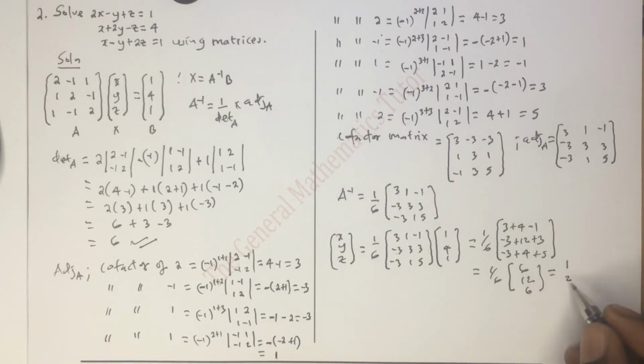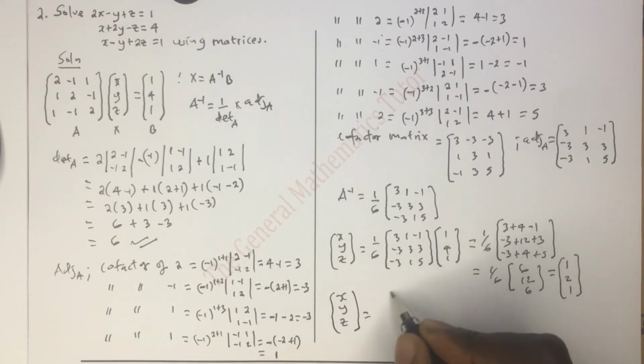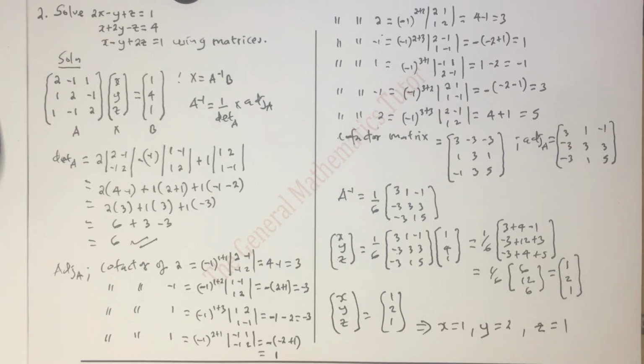And 1 over 6 times 6 will be 1. So we have that x, y, z is equivalent to 1, 2, 1, which just translates to x is equal to 1, y is equal to 2, and z is equal to 1.